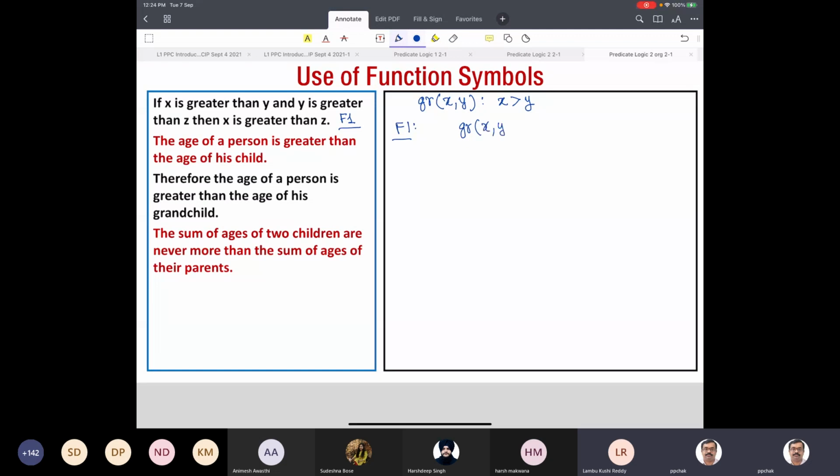Is this enough? For all x, for all y, for all z. Good. Now, how will you write F2?